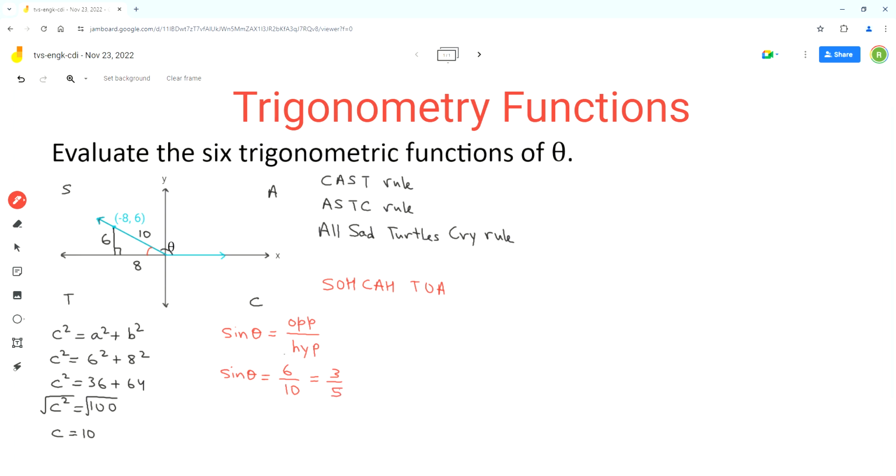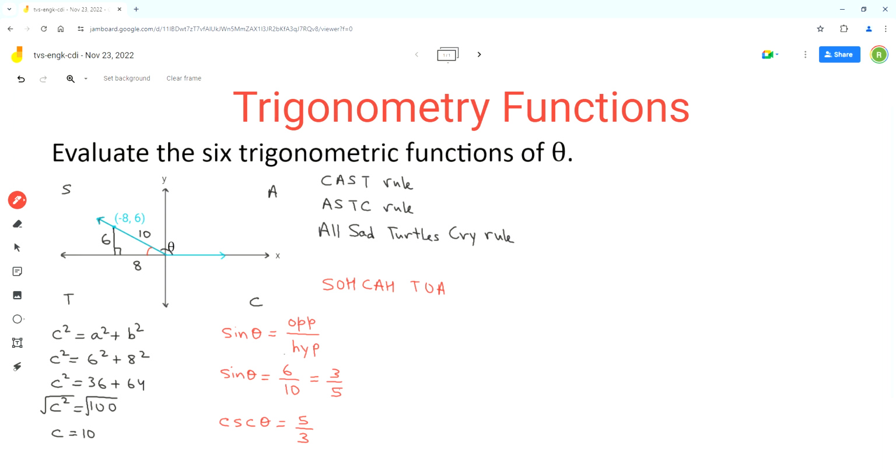So this is the value of the sine ratio. Now we can find the value of the reciprocal ratio for sine, and that is cosecant. For cosecant theta, we should just flip the answer for the sine ratio. So cosecant theta is equal to 5 over 3.